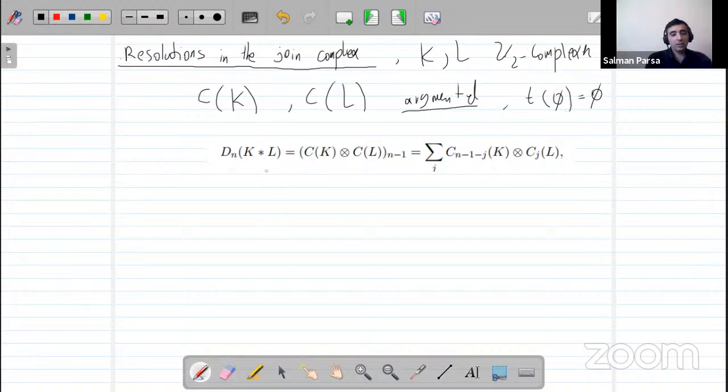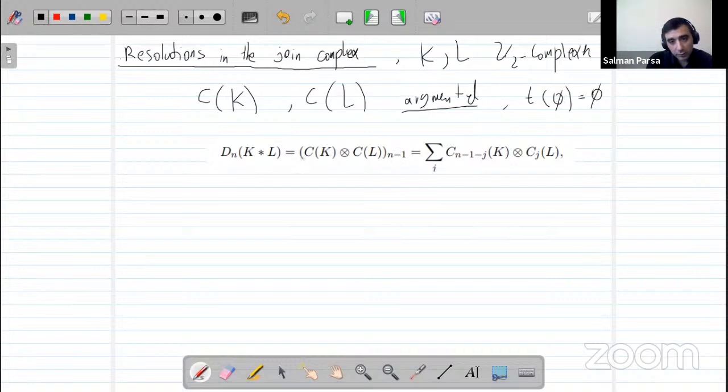Now the difference with the usual one, so people usually do it for the product, is that here you go one dimension lower. This D_n is the chain complex of dimension n, and you sum over the tensor products of chain complexes where the summation is n-1.